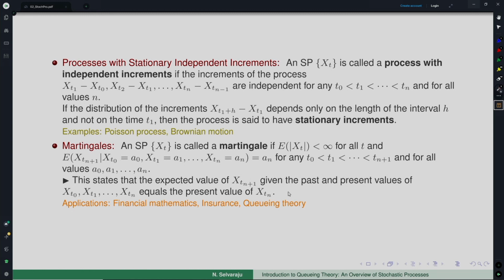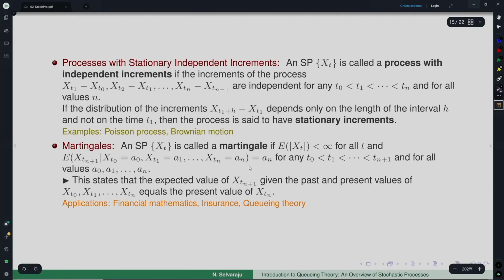You could actually end up with either higher or lower, but the expected value is the same as what I have currently, right. So, in some sense you would call this a fair game, right. The equality represents the fairness. Okay. So, this is what a martingale means.